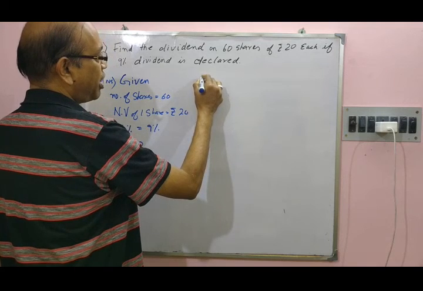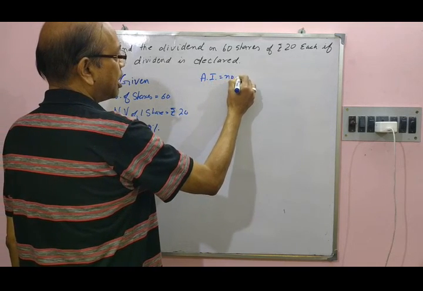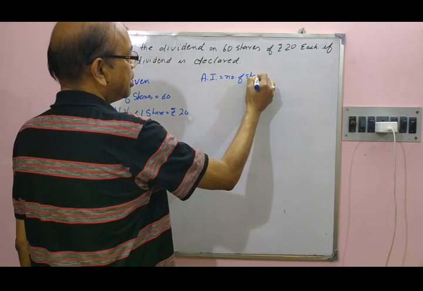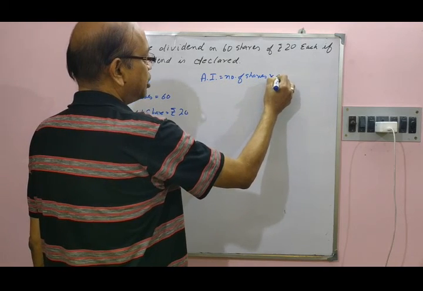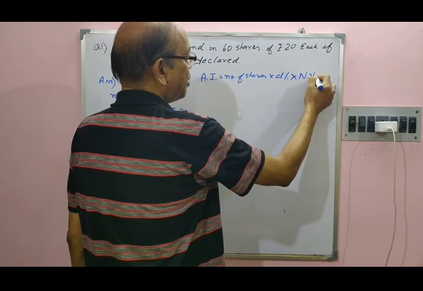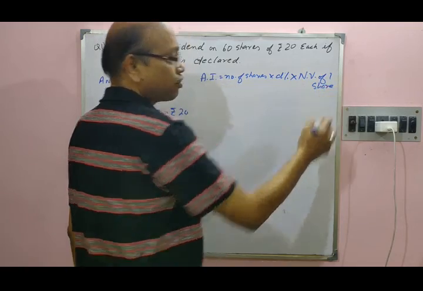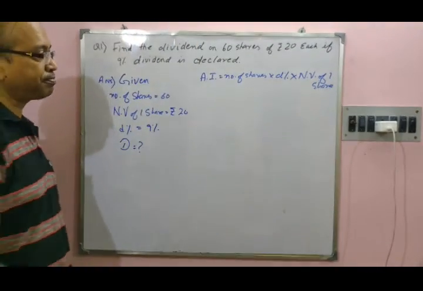What is the formula for annual income? Number of shares into D percent into NV of one share. This was the formula what we have written earlier.